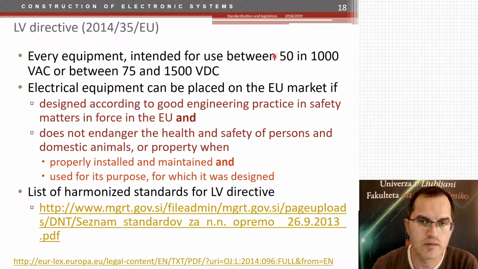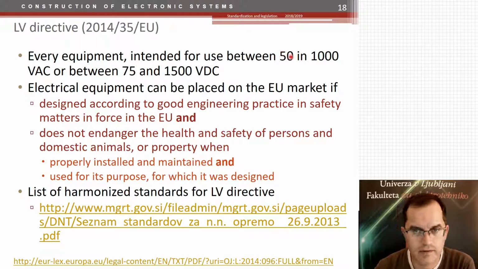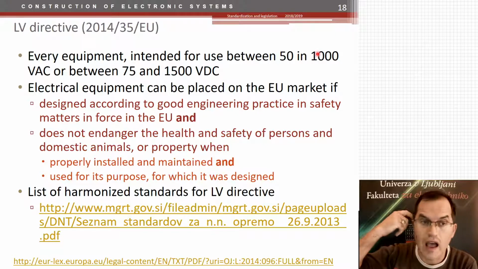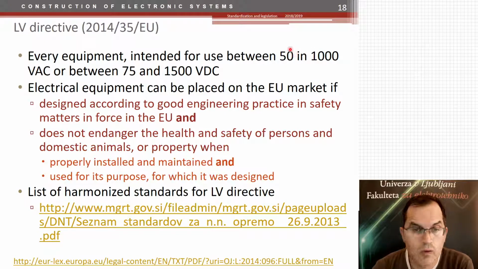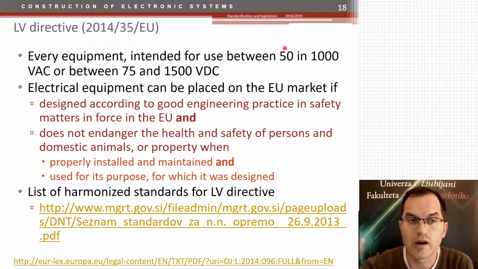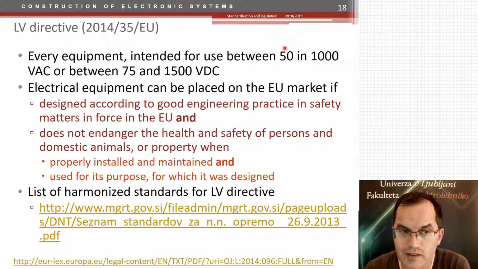So low voltage is between, as I said, 50 and 1000 AC, and above 1000 is medium voltage, and then we are talking about high voltage. So low voltage is everything we plug into our home AC socket.